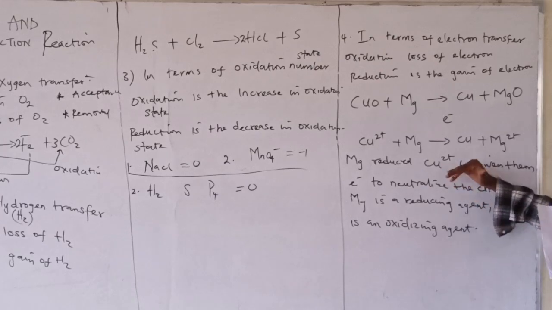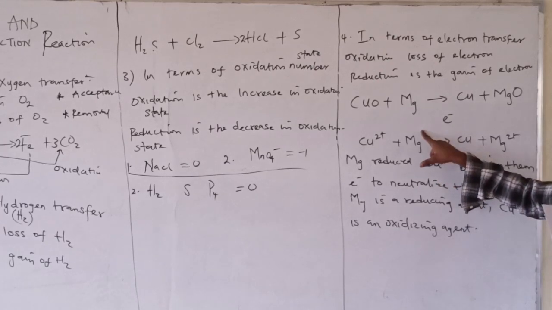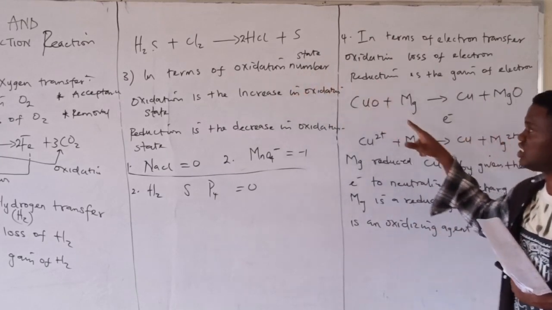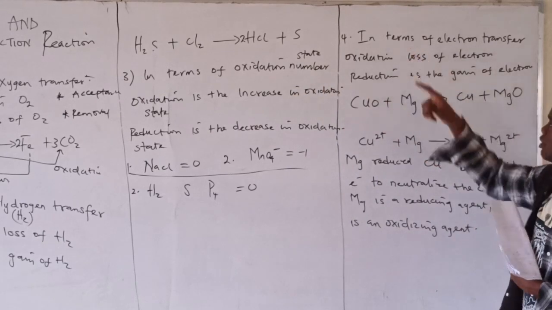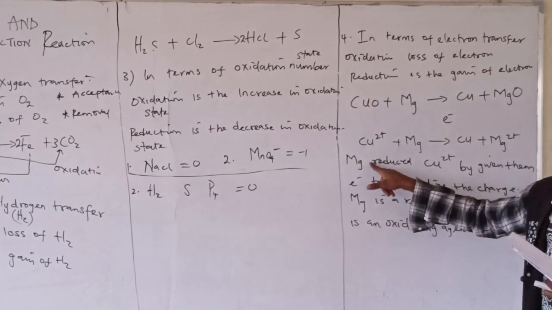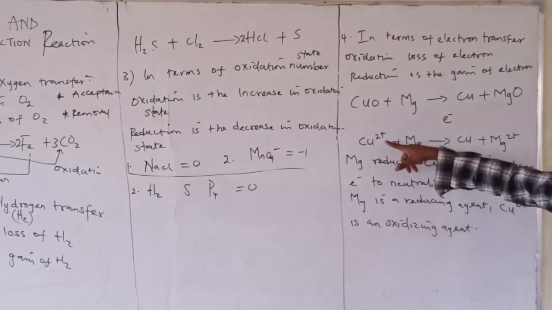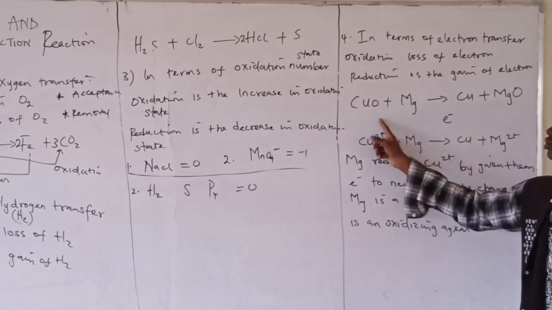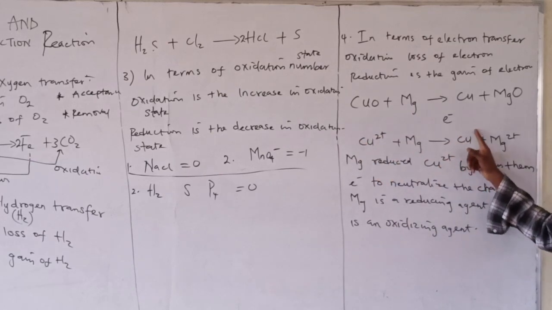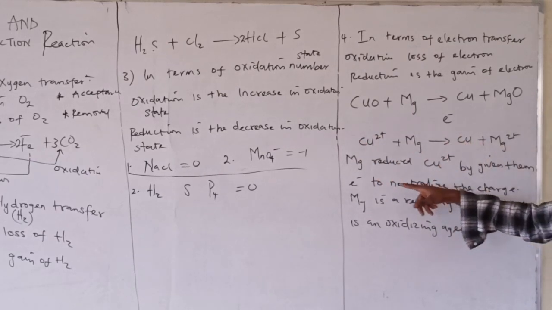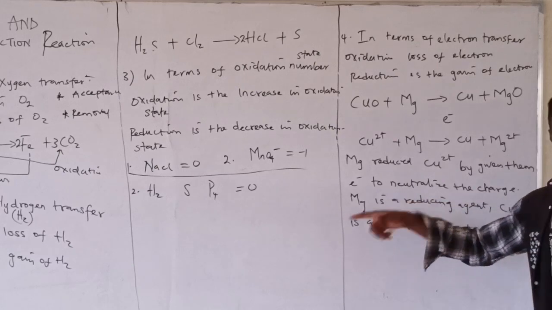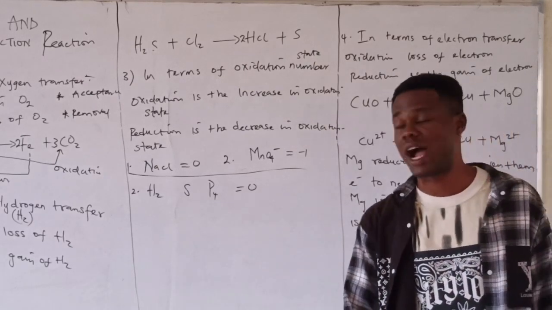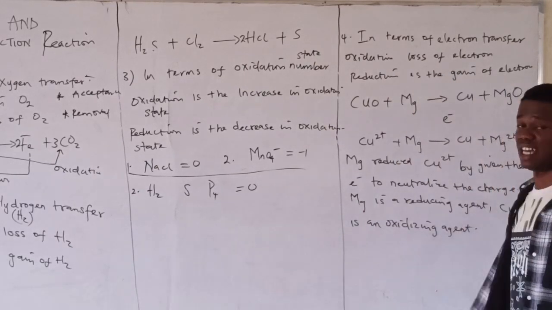Are you seeing it? So this is a practical example of what happened if you want to define it in terms of oxidation number. And if you want to define it in terms of electron transfer, of course magnesium here reduced copper 2 ion by giving them electrons. So it gave copper 2 ion 2 electrons so that copper 2 ion can be reduced. Alright? And for that reason, magnesium is a reducing agent, while copper 2 ion is an oxidizing agent.